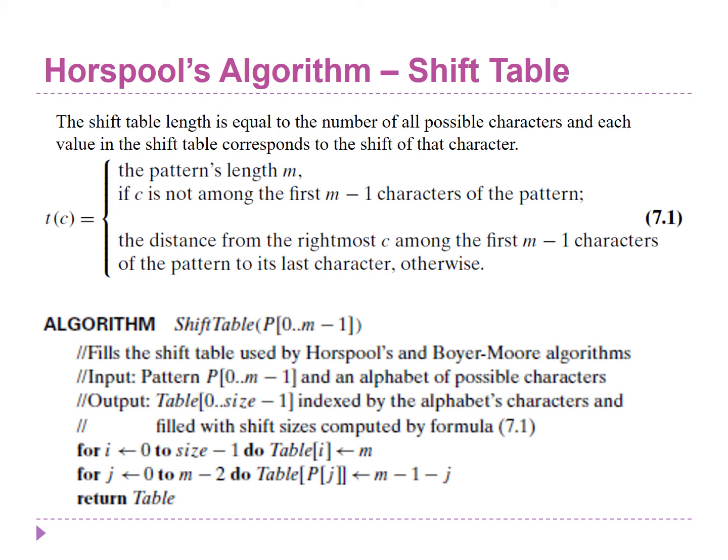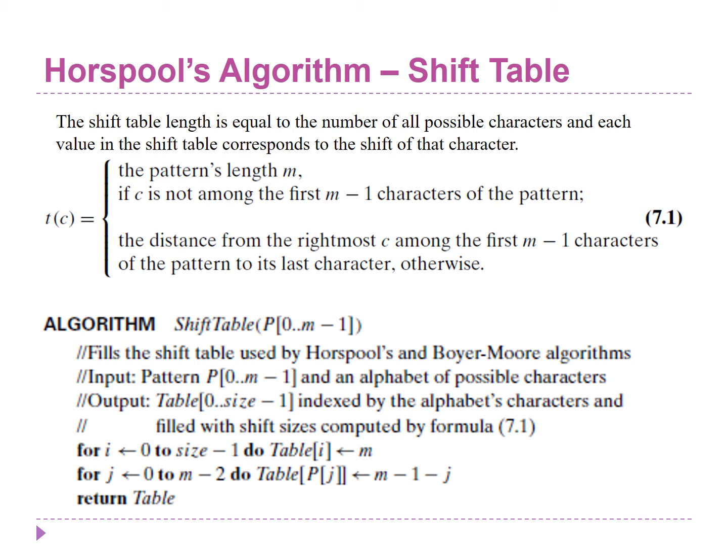The algorithm for building the shift table is as given here. The input to the shift table algorithm is the input pattern of length m. The output of the shift table algorithm is the shift table whose length is equal to the number of all possible characters.